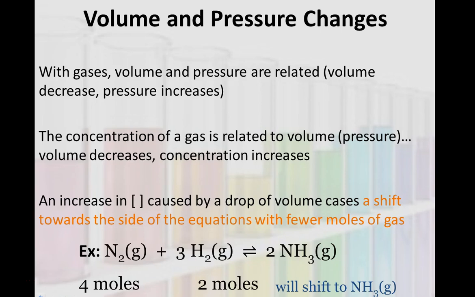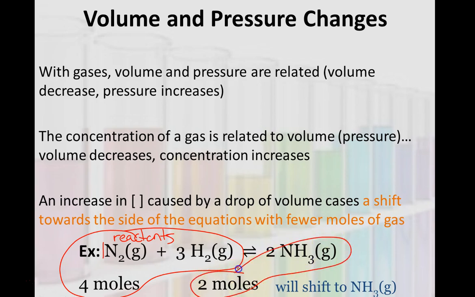So, in terms of this equation right here, and I don't know if there's room, I would maybe write down this example just underneath there if you have some room. In this example, on the reactant side, because they don't give me any other information, I would just take the coefficients. So there would be 4 moles on that side, and on the product side, there would be 2 moles.